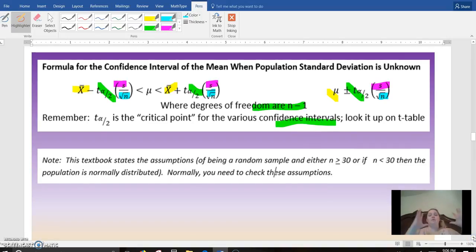So the format and the shell is the exact same. This number is going to change, and we have to constantly look it up on the chart, and then they'll give us the other numbers.